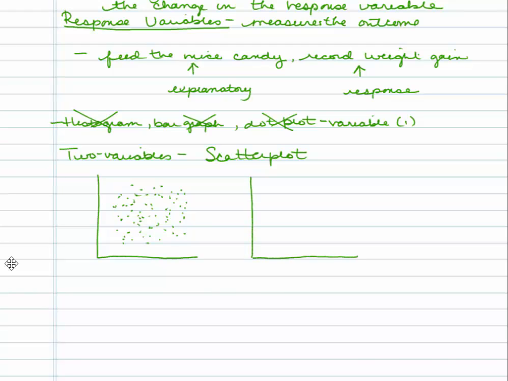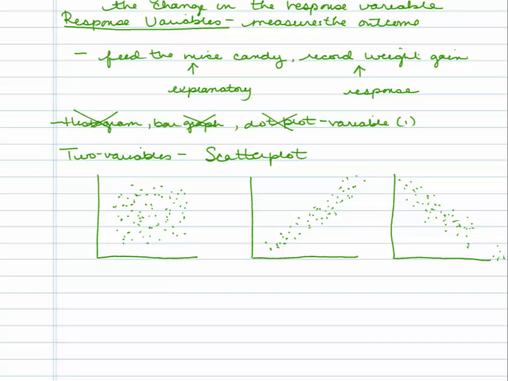Then there's some that look like that, and there's some, and this is when we plot the data. It will look something like this.